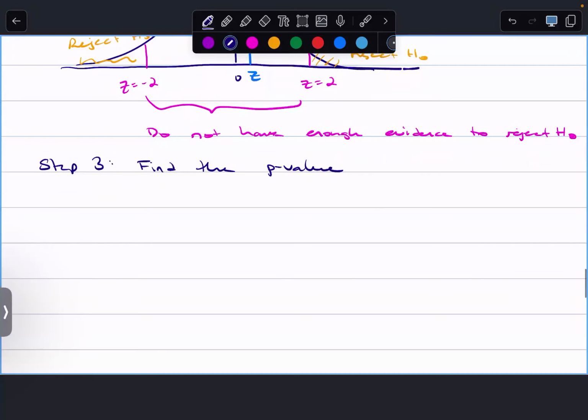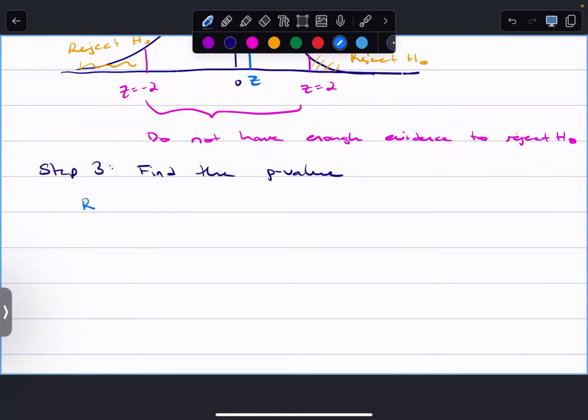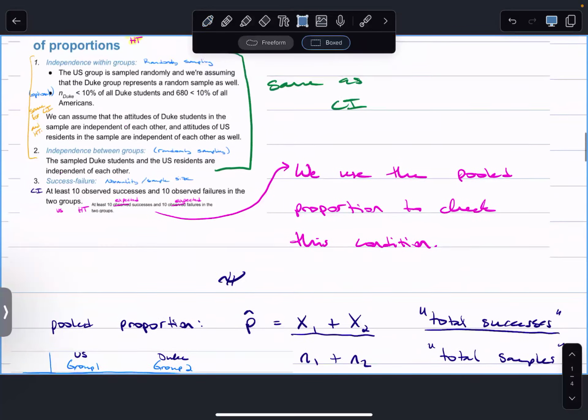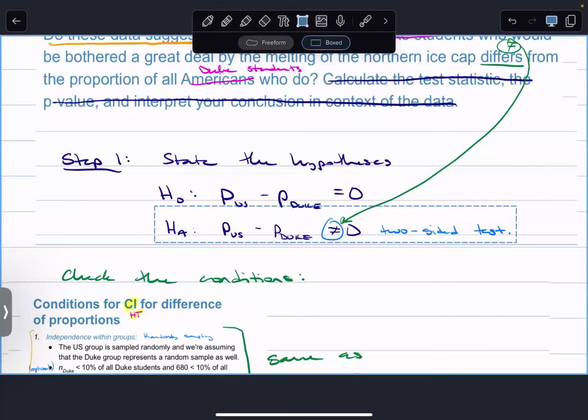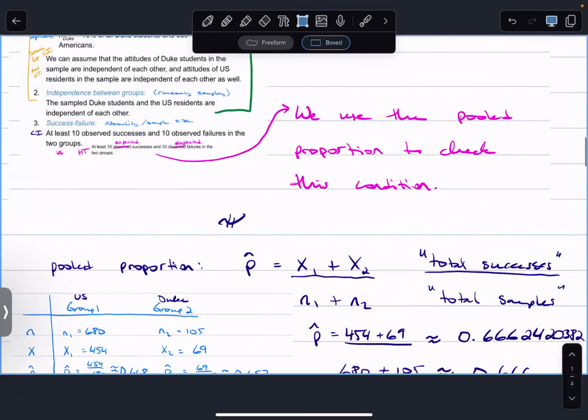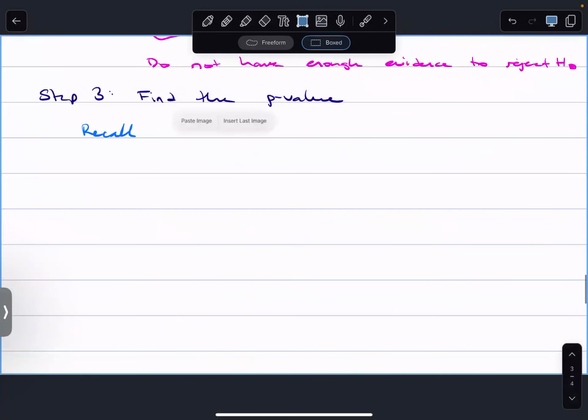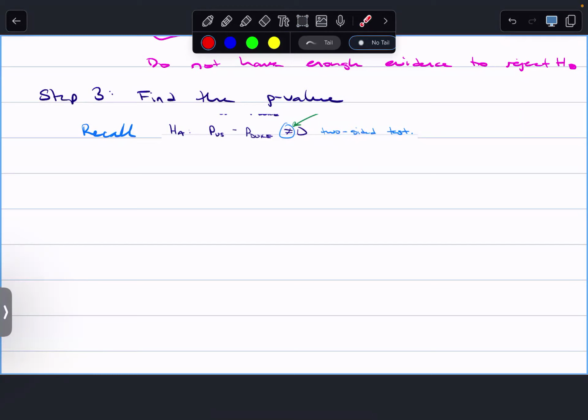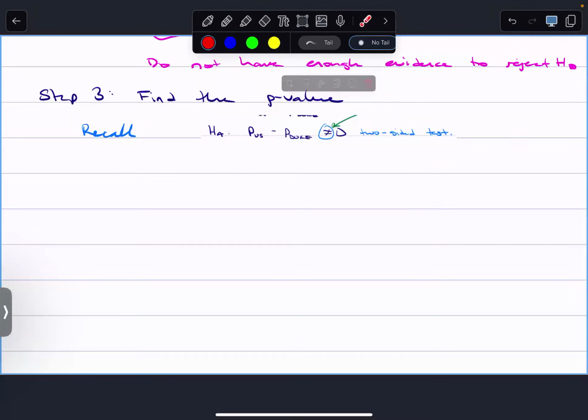Here, recall the alternative hypothesis in this case, which means I have a 2-sided test. That's the biggest disconnect for people: how do I know if I have a 2-sided or a 1-sided test? Well, you have to go all the way back to the alternative hypothesis.